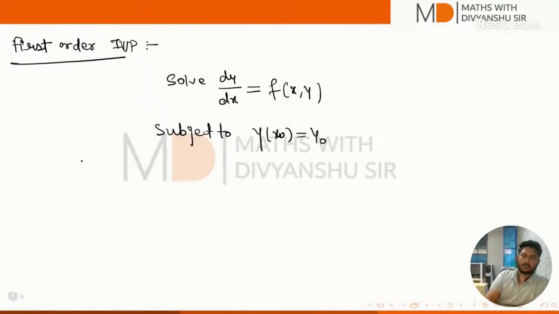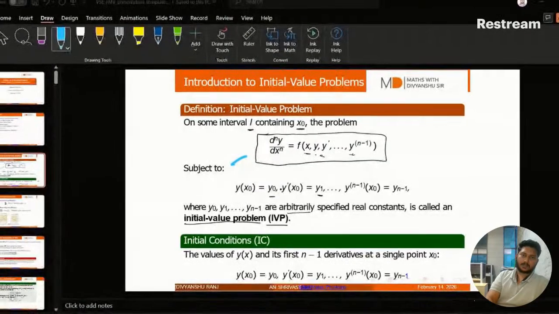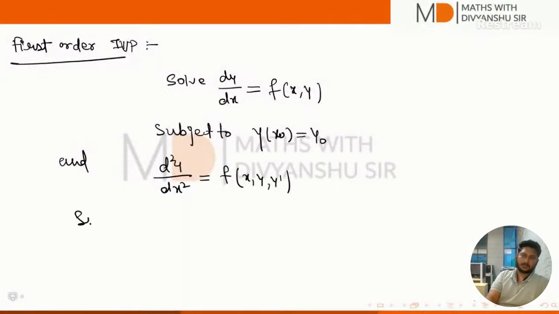These are the first constants. And the next one is solve for d2y, then your notation is f(x, y, y dash), and subject to, for a different notation, y(x0) equal to y0. This is only a change in the format of the initial value problem.